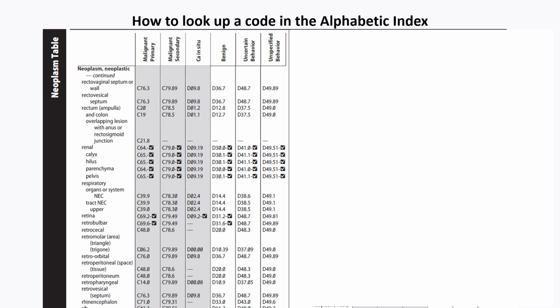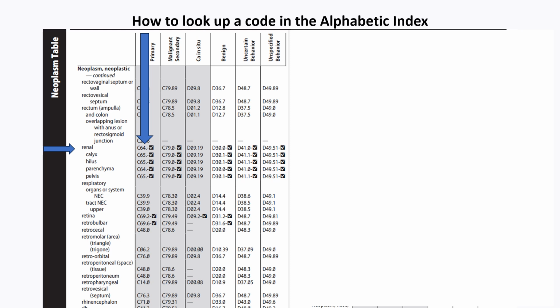So we're going to look up renal in alphabetical order, and here it is. Next, what type of renal cancer? Well, let's say it's primary cancer. Then we're going to go to the primary column, and then we're going to scroll down until we get to renal. There you go. And then it directs us to use the C64 category.